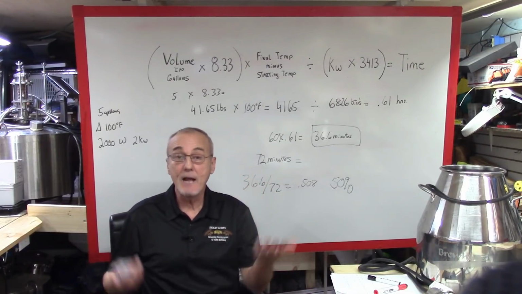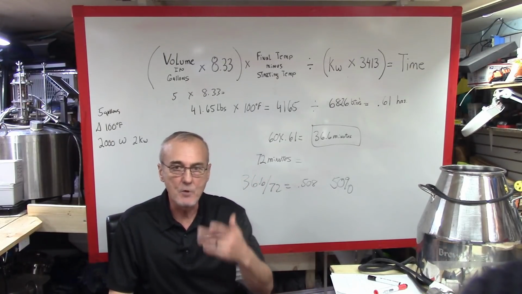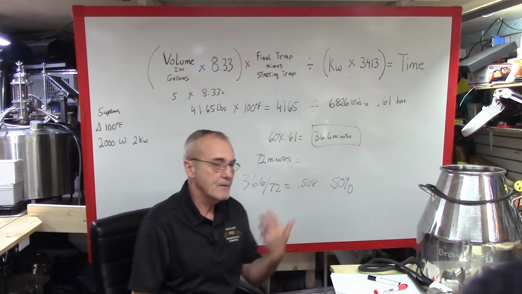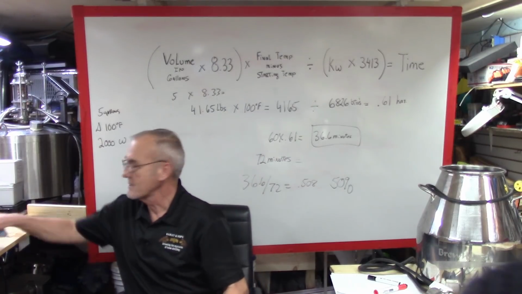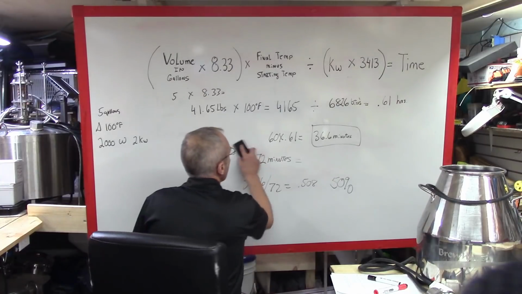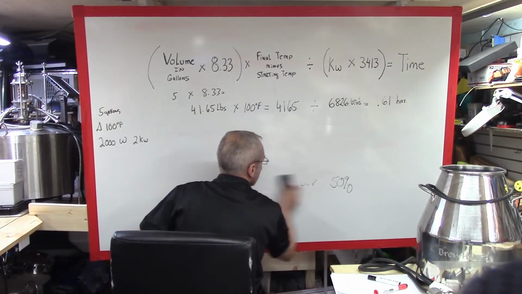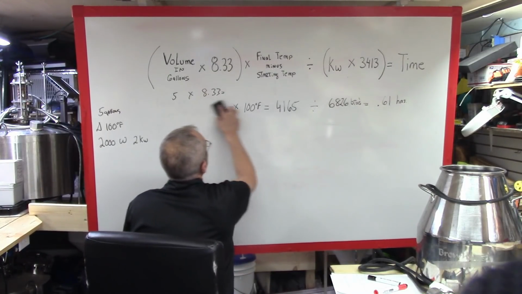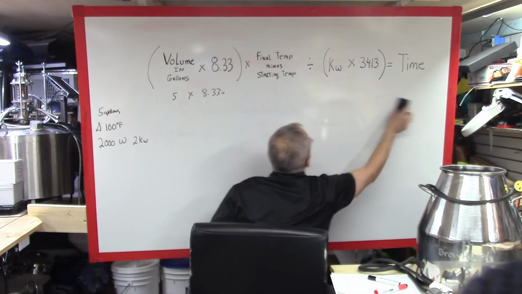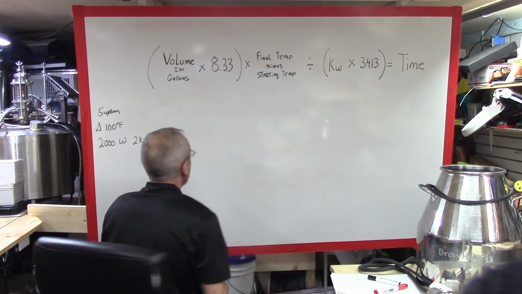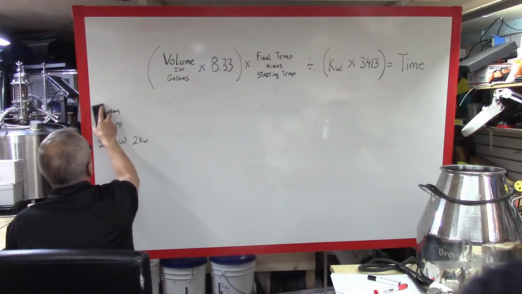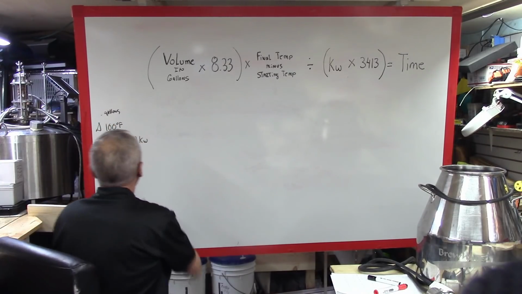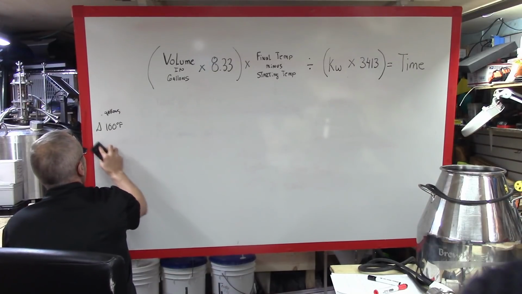Because a lot of you have larger stills. As an example, I've got a 26 gallon. Let me erase this. We'll erase that, and yeah, we'll erase this because these values are going to change.